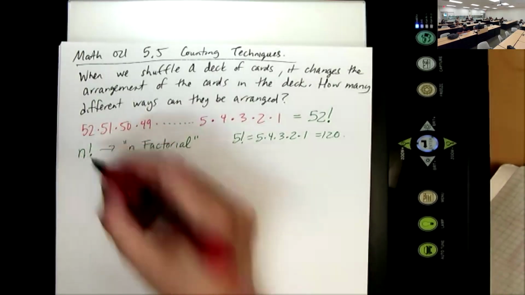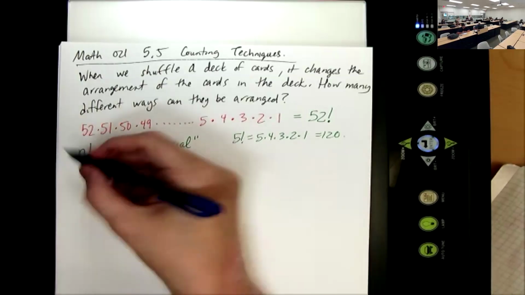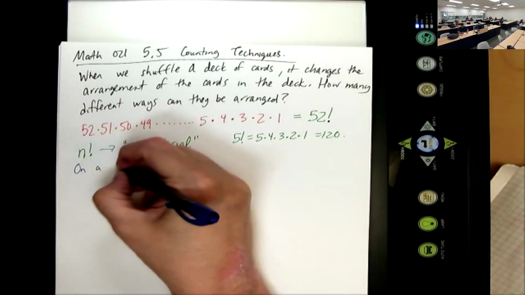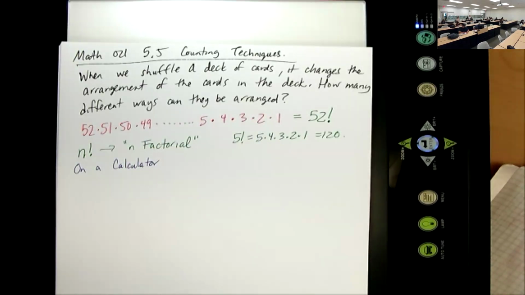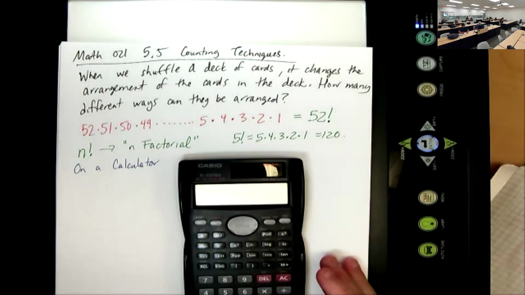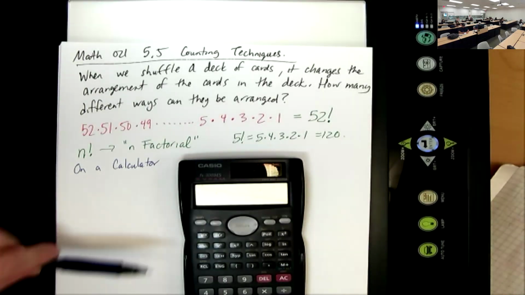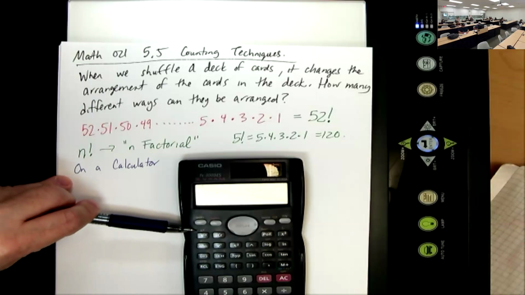On a calculator, there's a couple ways to see it. Mine shows up right here as x factorial.